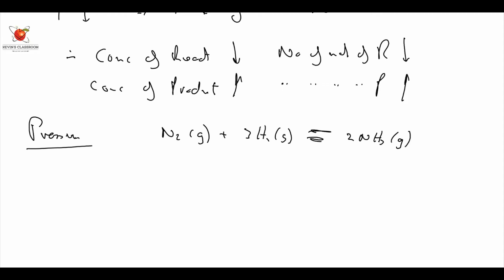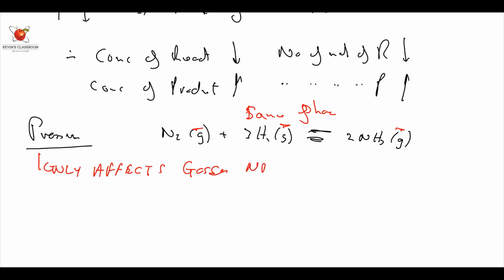You now say to yourself, please note, they are all in the same phase. Why? Because pressure only affects gases. NB: if one is a liquid, you discard it. You do not use it.